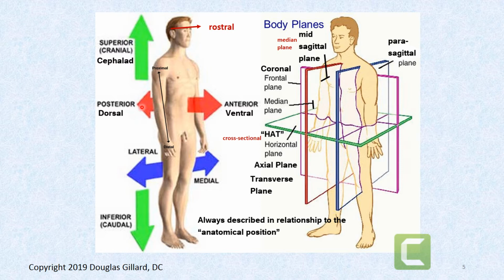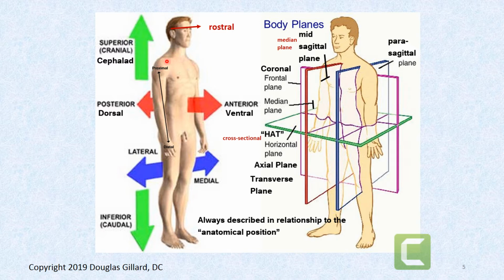Lateral and medial, did I not leave that on here? Oh, here it is. Lateral is more toward the outside. Medial is more to the inside. So the shoulder is lateral in relation to the cervical spine or neck.